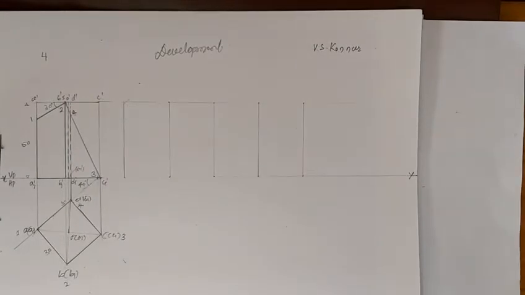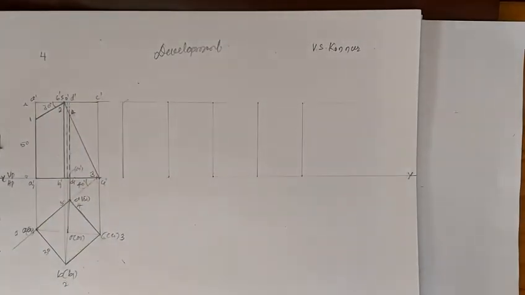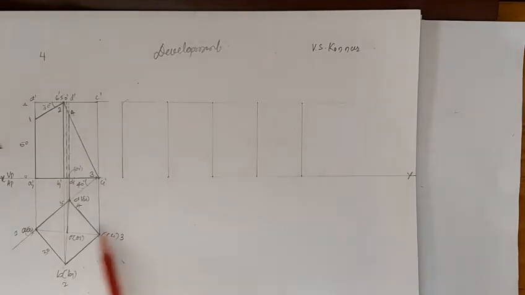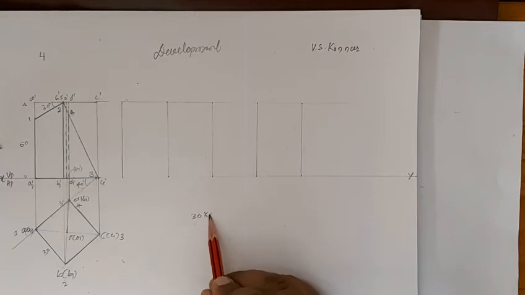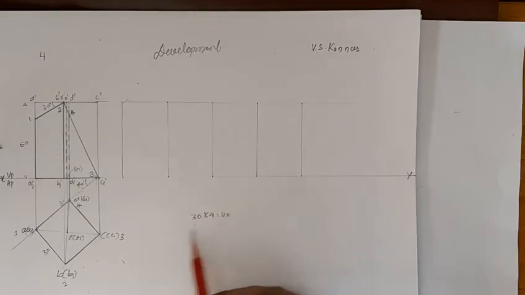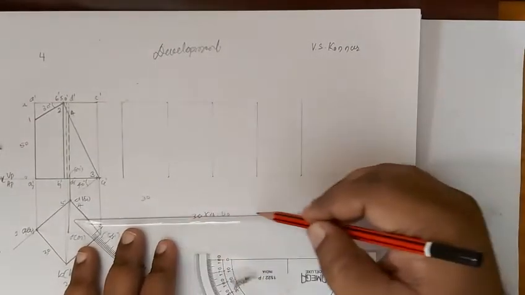So this is how they have given the cut in the problem. Now how to develop? Develop 30 into 4. 30 into 4 is 120, and each block is of 30.